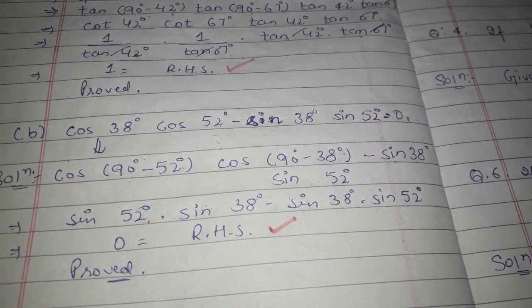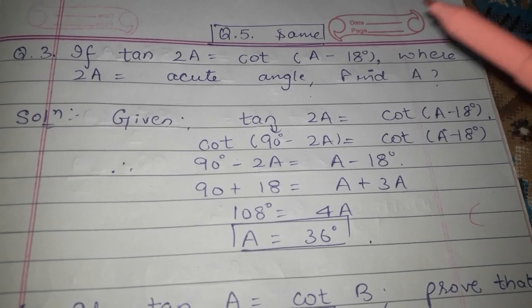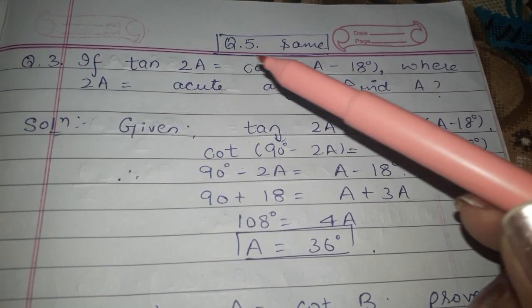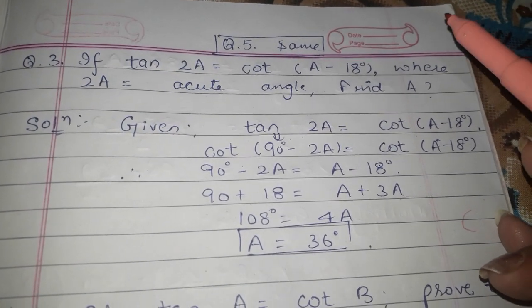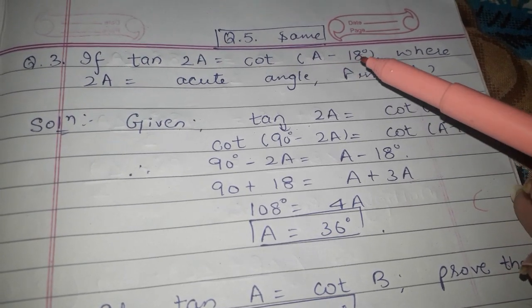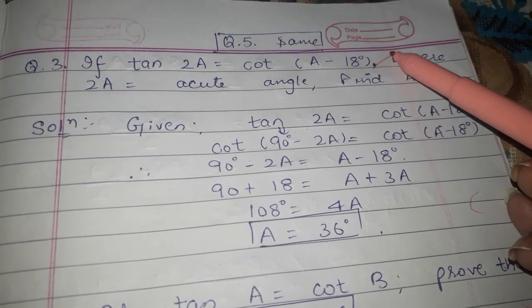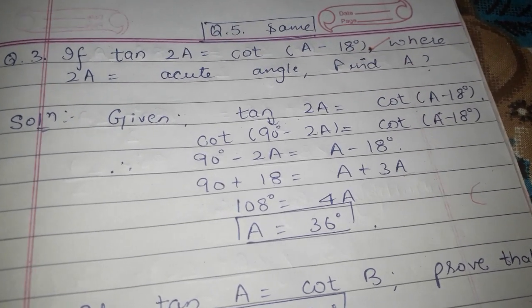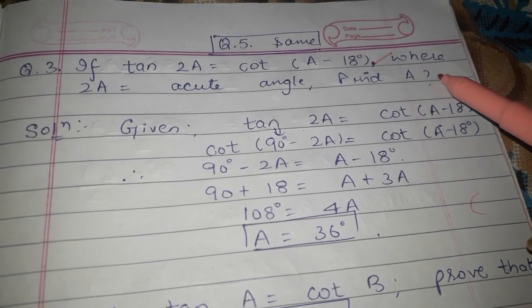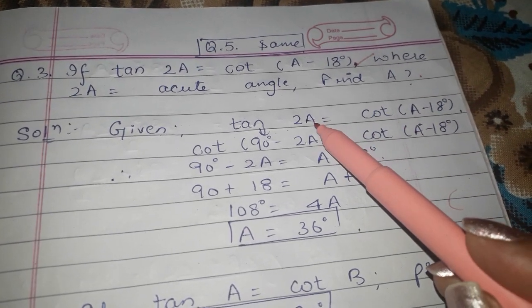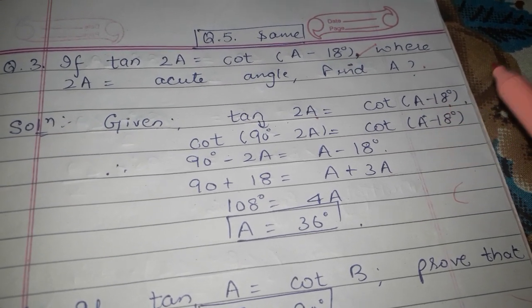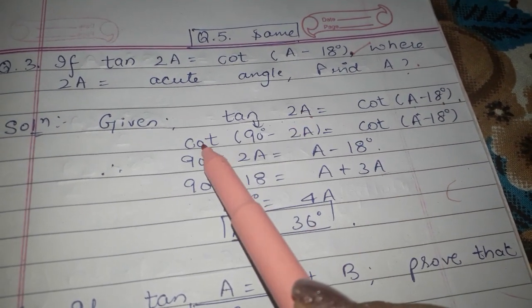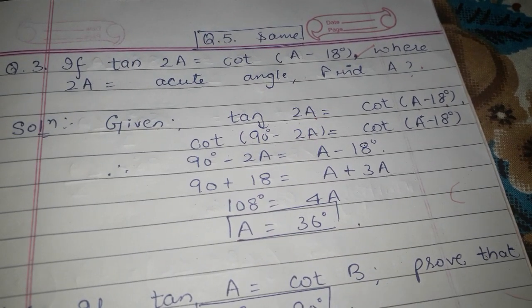Okay. Now the third question is, if tan 2A is equal to cot A minus 18 degree, where 2A is any acute angle, we have to find A. Now given tan 2A is equal to cot A minus 18 degree, I can write it as cot 90 degree minus 2A.